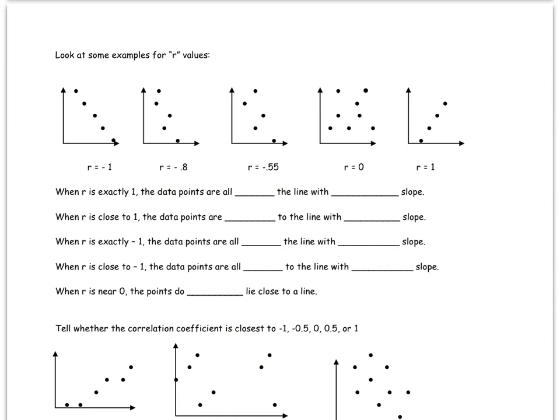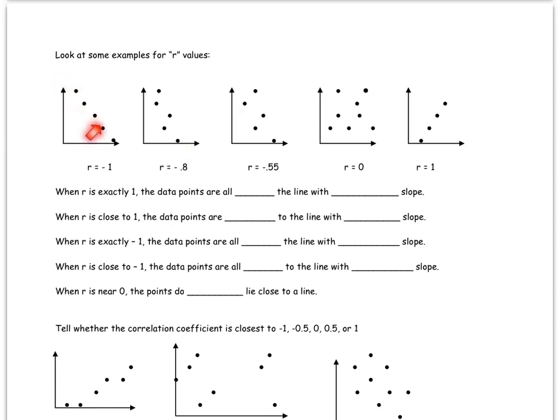So let's look at some examples for R values. Looking at this first one, if R is -1, or pretty close to -1, it's going to look just about like this. We could draw a line and it will go down. R about equal to -0.8. If I drew a line going down through this, the points are still pretty close to that line, but not nearly as close.